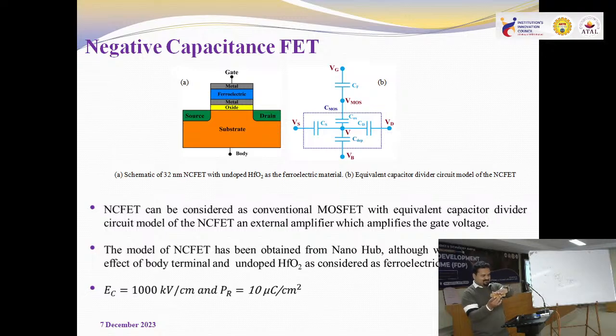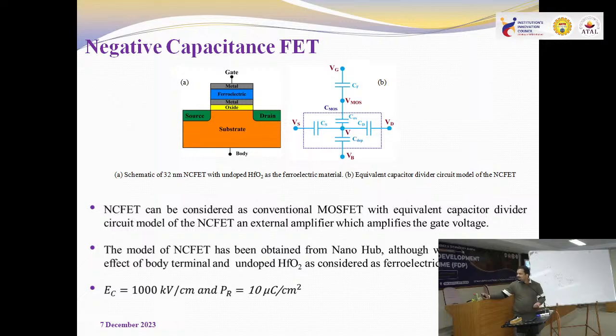Metal is there, and I have fabricated a ferroelectric capacitor. So there will be metal at top, metal at bottom. There is one metal here also. This metal is getting connected to this. The oxide acts like a dielectric. Yellow is the normal dielectric, which is present in the conventional MOSFET also.